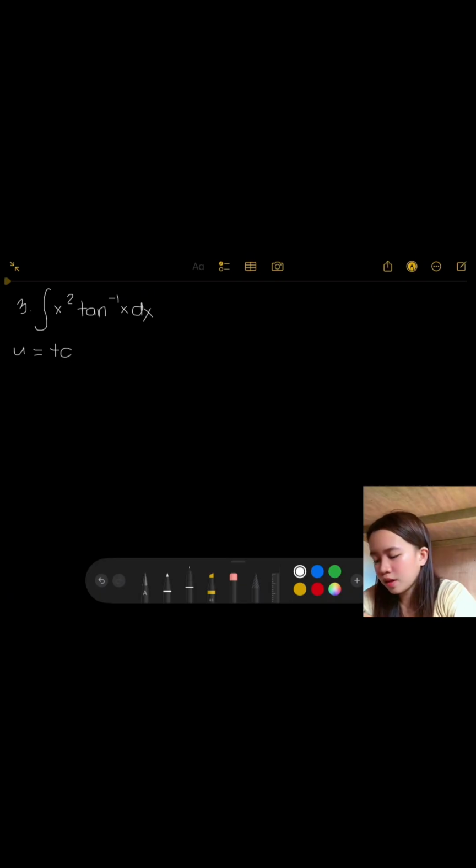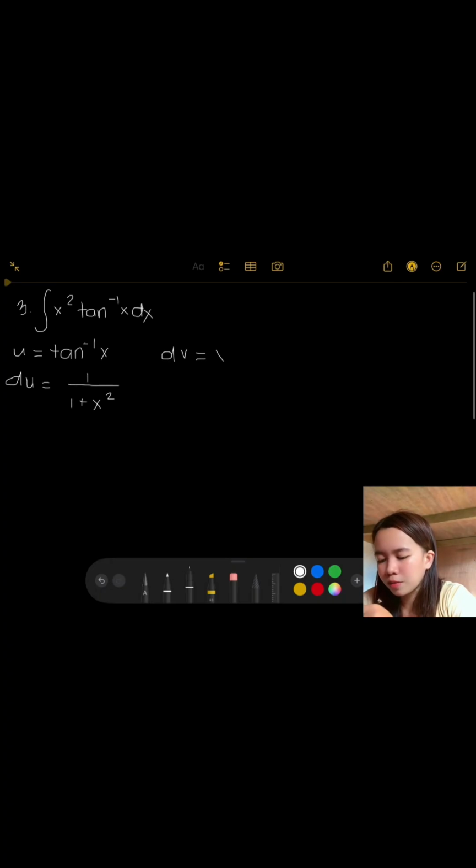So our third example is the integral of x squared arctan x dx. So our u will be arctan x, our du will be 1 over 1 plus x squared. Our dv will become x squared and our v will be x cubed over 3.